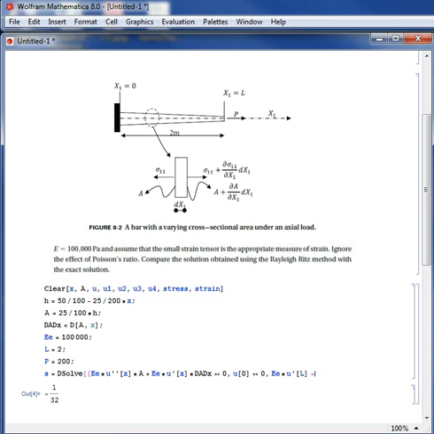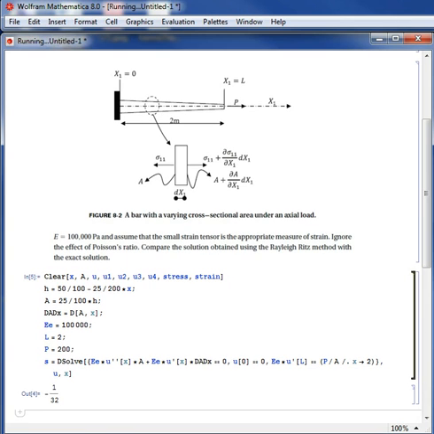This is equal to P divided by the area, and that's only at the area at the end, so this is P over A when x is equal to 2 meters. Solve for u in terms of x. Shift enter, and we get 8 over 125 ln 4 minus x.